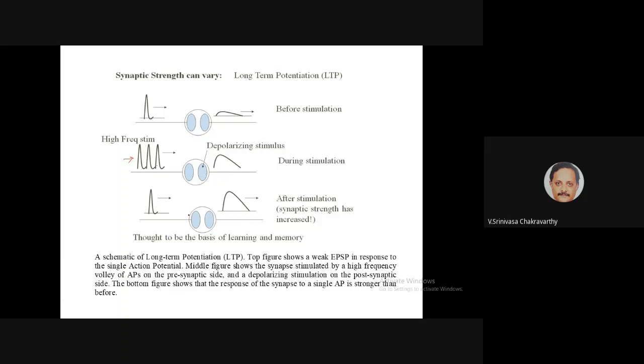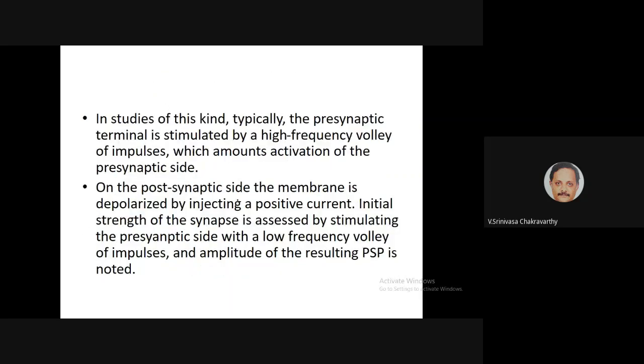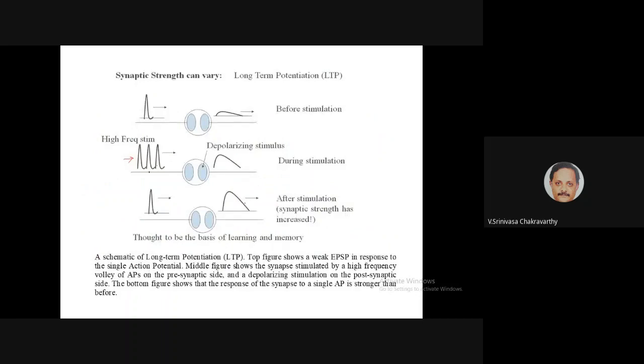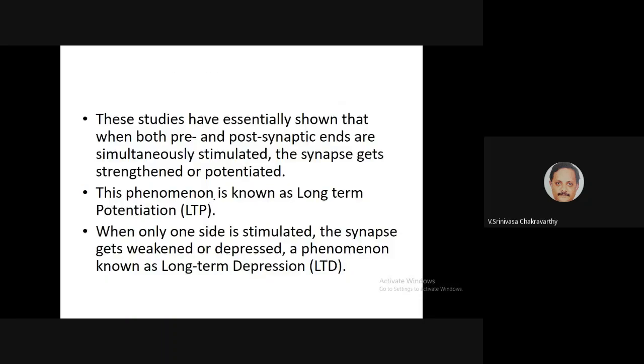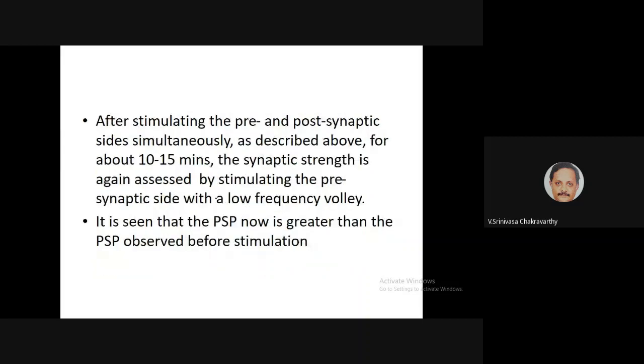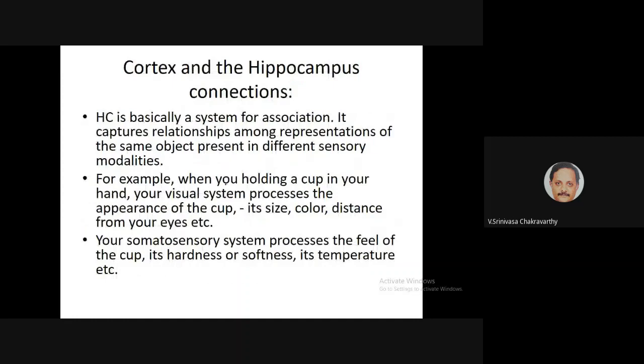After that, you probe the synapse with a single action potential and you get a much larger PSP than before. So this is LTP. Similarly, you also have LTD, where you activate the presynaptic side but deactivate the postsynaptic side, and then you have a depression of the synapse. This is thought to be the basis of memory at the cellular level.